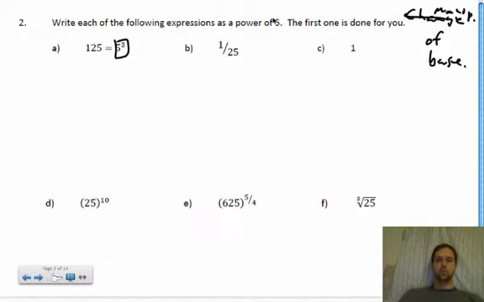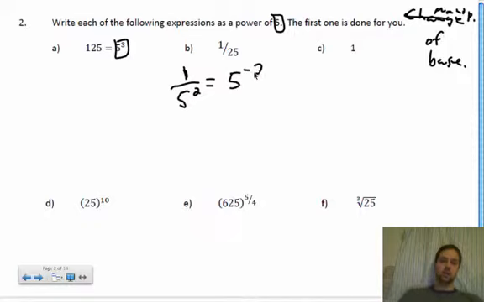So we just want to try to write all of these as 5 to the power of something. Now, this one, 1 over 25, this would be 1 over 5 squared. But we don't want 1 over 5 to the power of something. We want 5 to the power of something. So we can flip this up to the top instead and change the sign on the exponent. 5 to the power of minus 2.